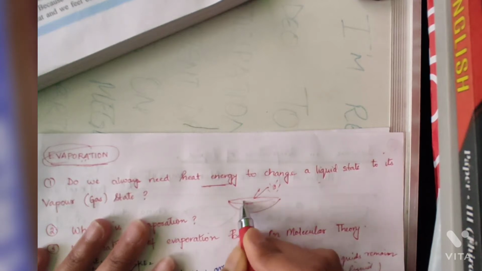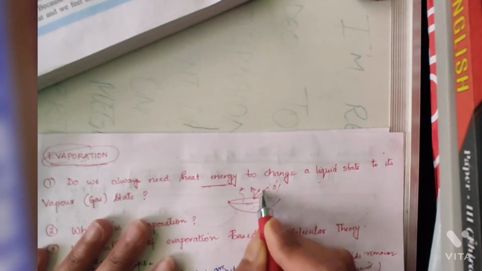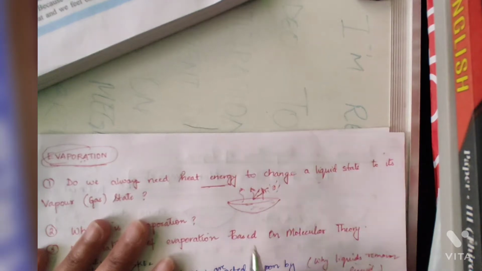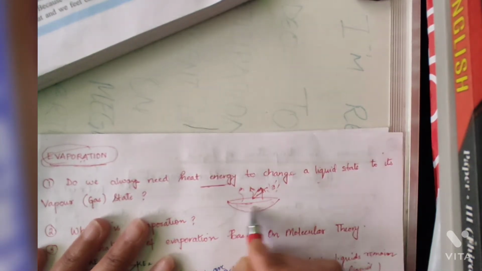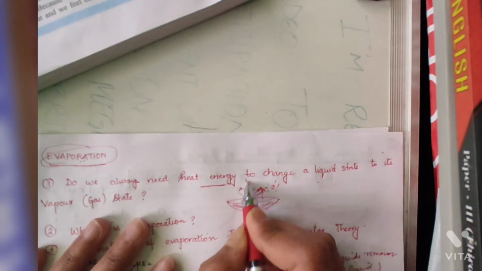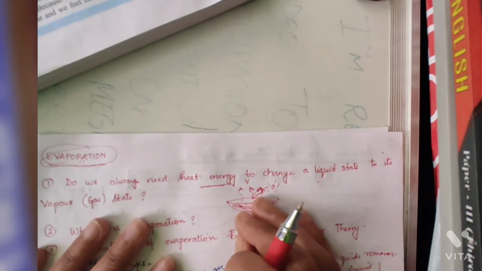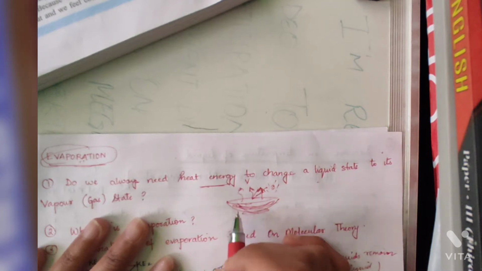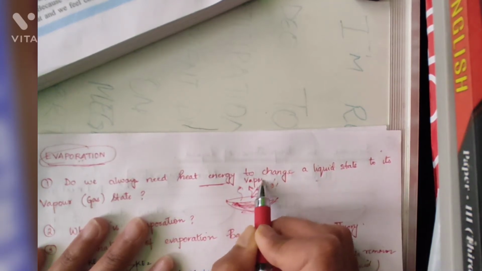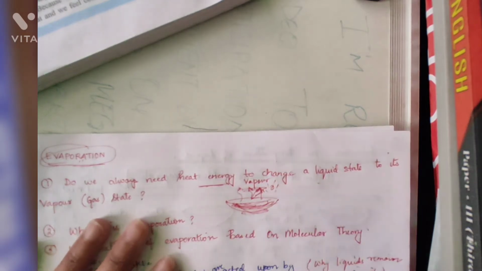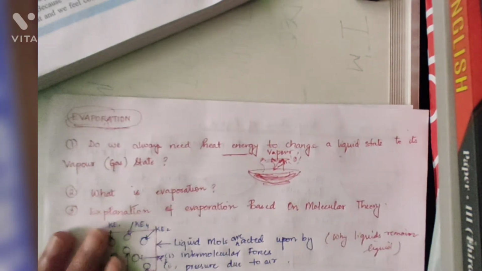This water will evaporate. It will go up, changing this liquid into vapor. The liquid in the saucer will disappear. That is what you will see. It will change to vapor. You understand? So that, my students, is evaporation.